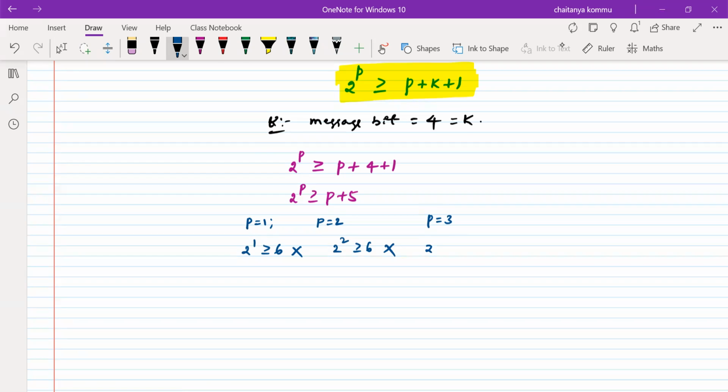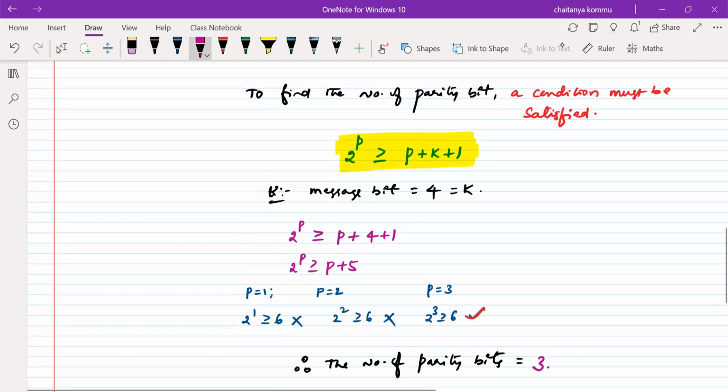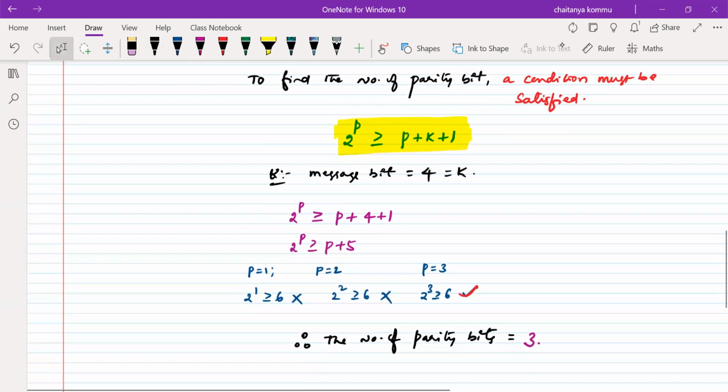This is right. So this is how we have to calculate the number of parity bits. Therefore, the number of parity bits is equal to 3. Is it clear to all of you?